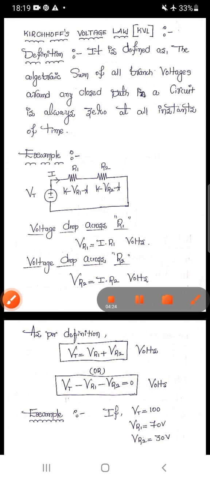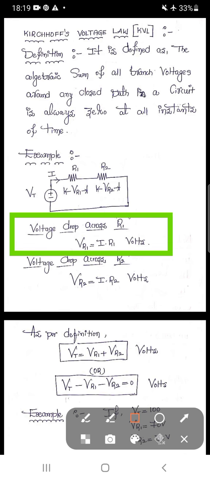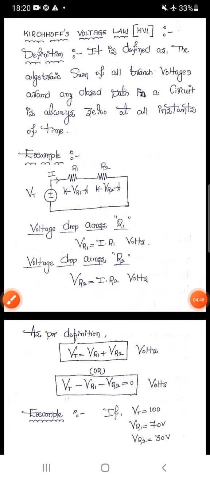So we have formulas. To find the voltage drop across the resistor R1, we can directly use VR1 equals I into R1. Here R1 is the value of resistor R1 and I represents the current flowing in the circuit. This is the voltage drop across R1.